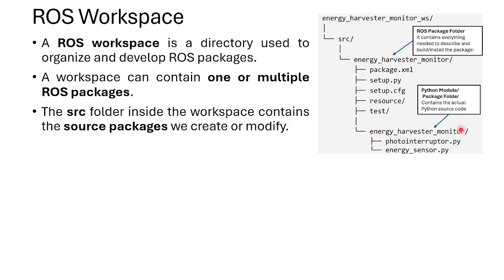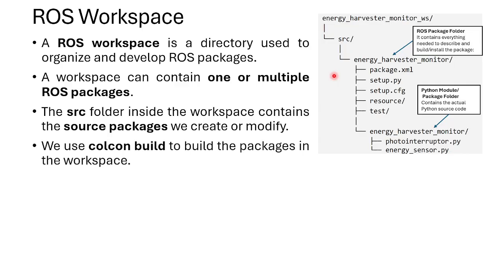It has the same name, but this is one of the many files or folders that the top-level ROS package folder will have, and this we call, as I said, the Python module or package folder. It basically contains the actual Python source code that we require for our program. So this is what we understand about the source folder under the workspace directory.